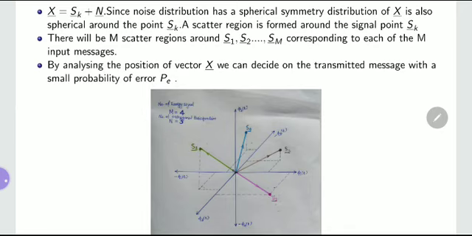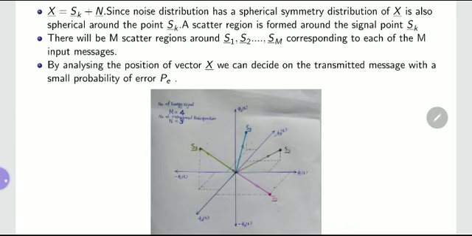And sk is a deterministic vector. So this means that x, the vector x, also will have the same distribution as n, but around sk. So our n is having Gaussian distribution, symmetric, or it has spherical symmetry, but it is around 0, mean is 0. So here you have a value, or vector, sk, which is a deterministic value.